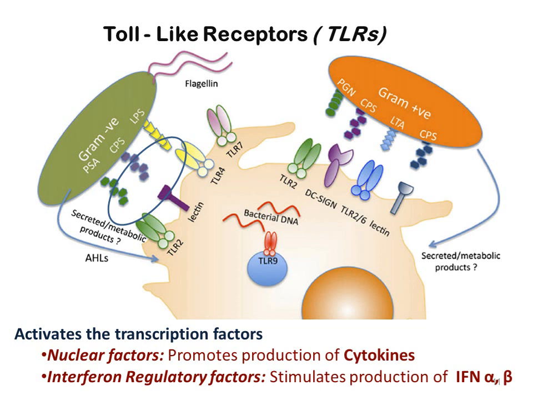Another transcription factor activated by this reaction is interferon regulatory factors, which can stimulate the production of interferon alpha and beta. All these are responsible for the expression of immunological reactions against a microbial agent.